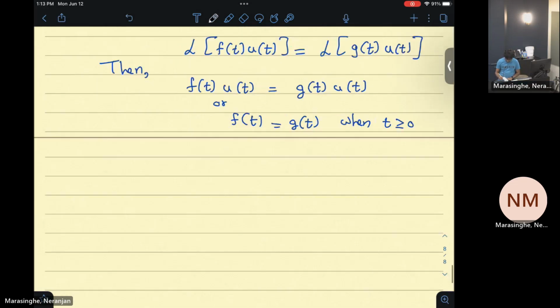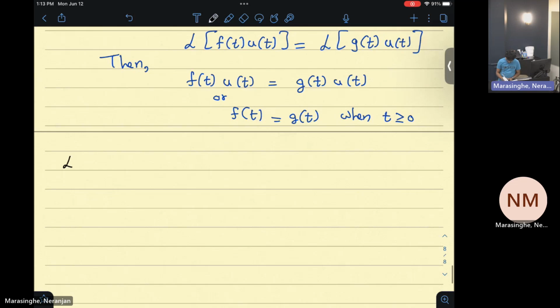So the Laplace transform of 1 is equal to 1 divided by s. That means this is how I write it: the inverse Laplace transform of 1 over s is equal to 1 times u(t), which is equal to u(t).